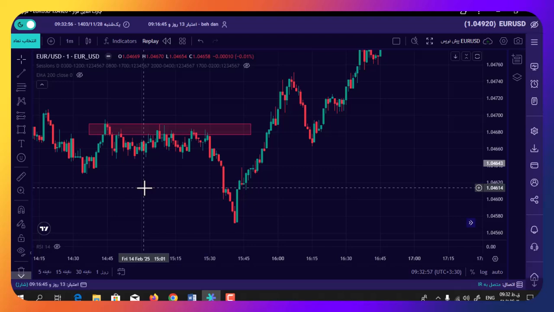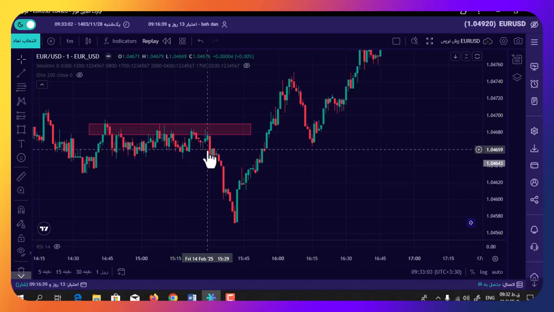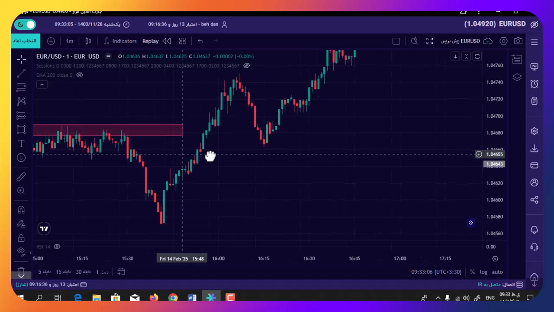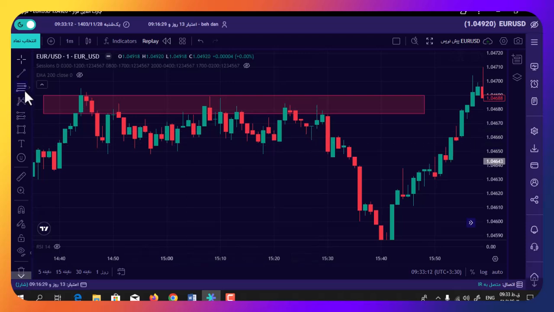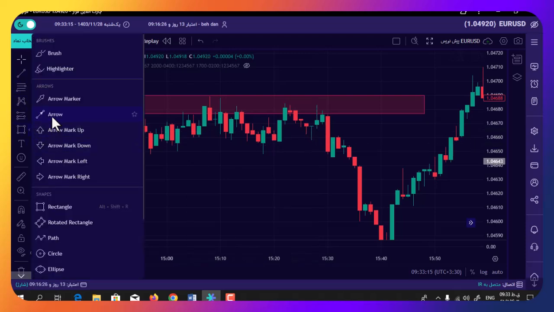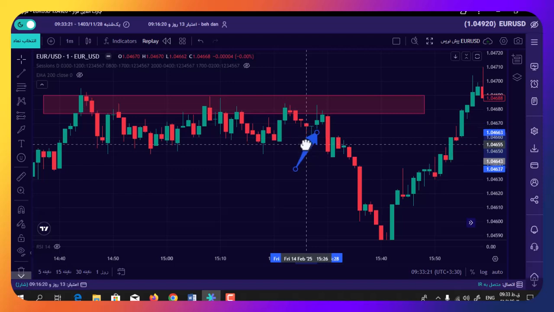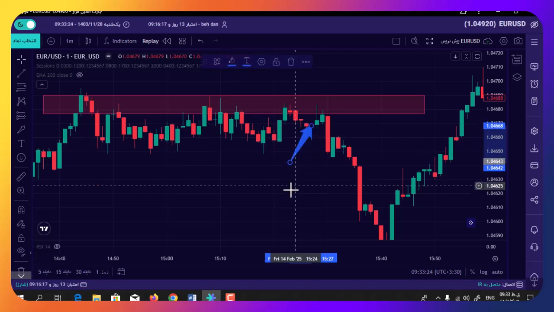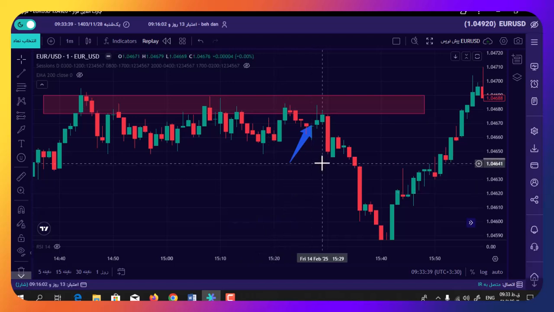You can see that after the price reaches a static resistance zone, a shooting star candlestick forms, leading to a price decline.